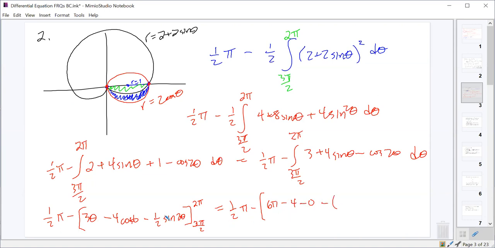And then minus, plug in 3 pi over 2, that's 9 pi over 2. And we got what, minus, let's see, the cosine of 3 pi over 2 is 0. And then the sine of 3 pi is 0, so that goes away.